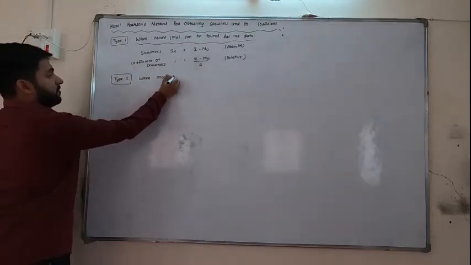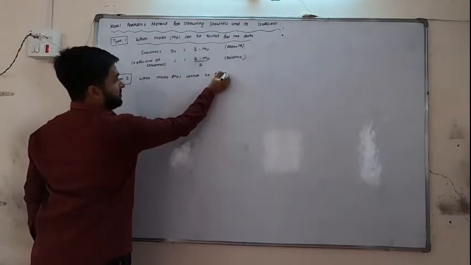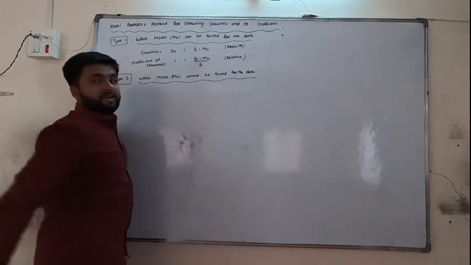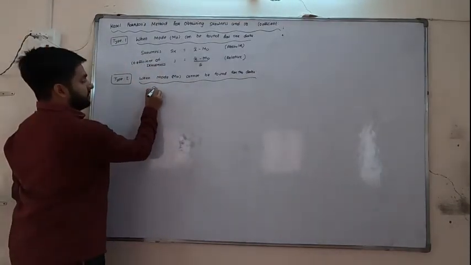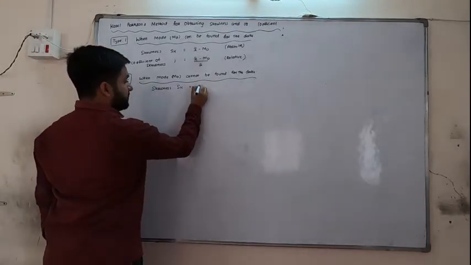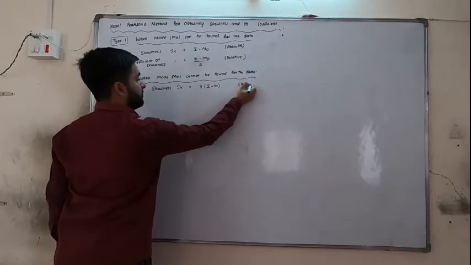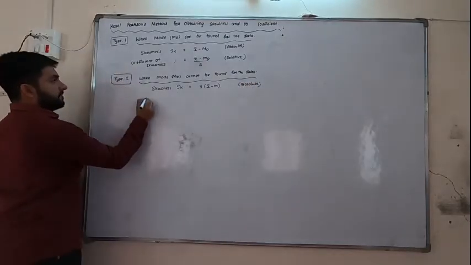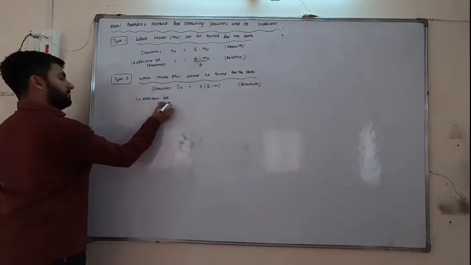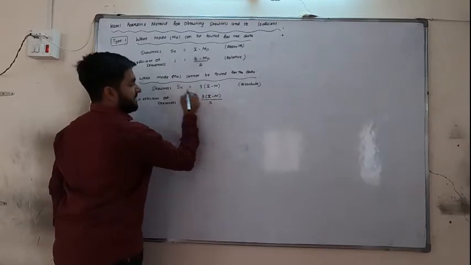When mode MO cannot be found for the data, then skewness SK is equal to 3 into (x bar minus M), absolute, and coefficient of skewness J is 3 into (x bar minus M) by S. Now what is this M?